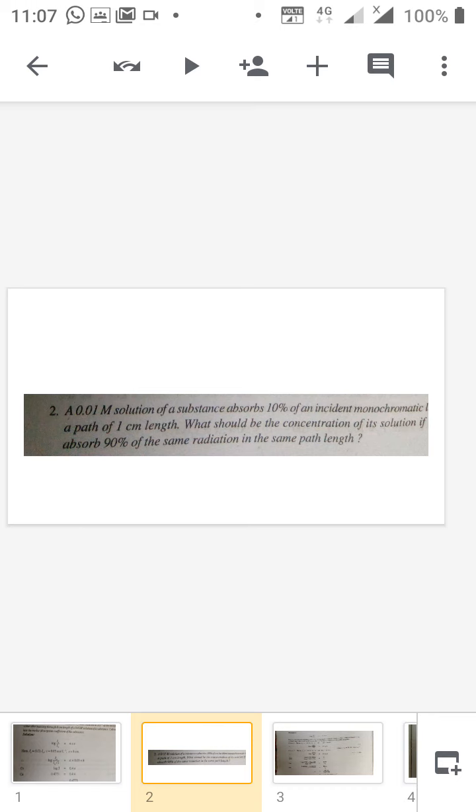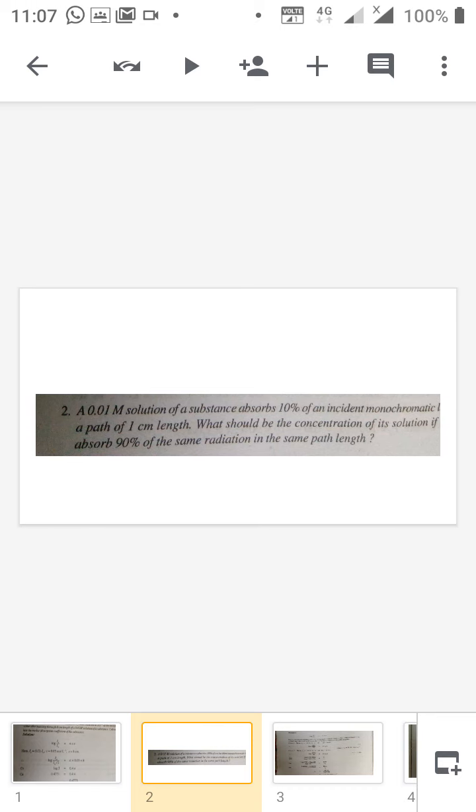And the path length L is given as 1 cm, and our question is what would be the concentration of its solution if it absorbs 90% of the same radiation. So in the second case Ix is 10% of I0, that means Ix is only 10, I0 is 100%.